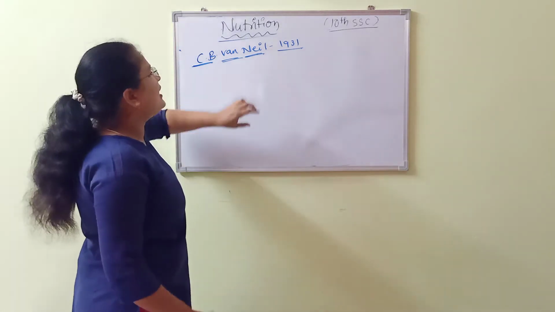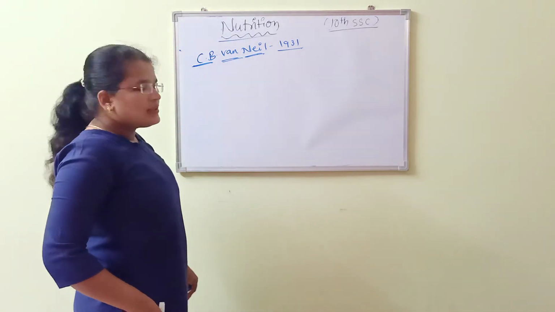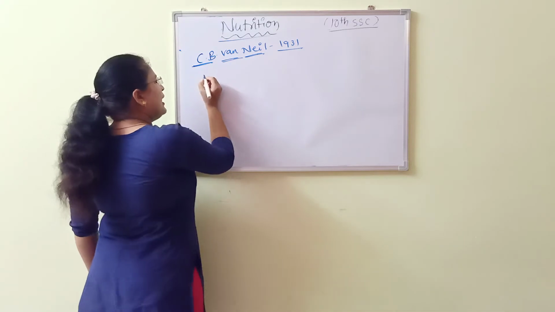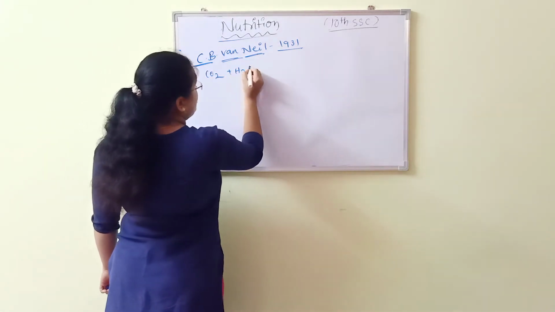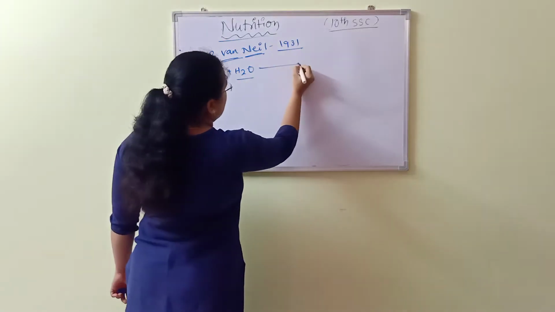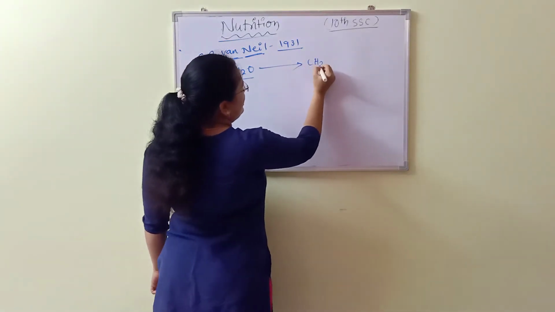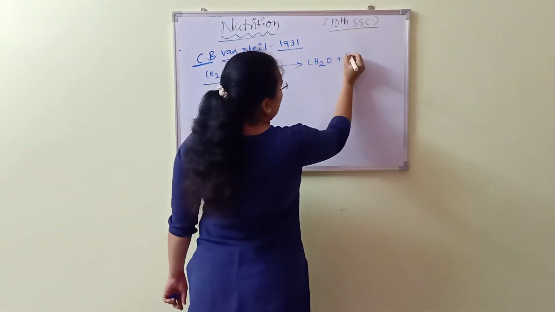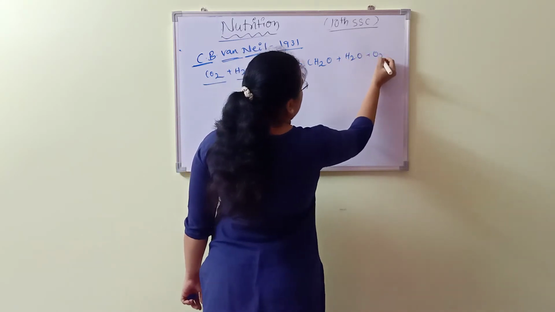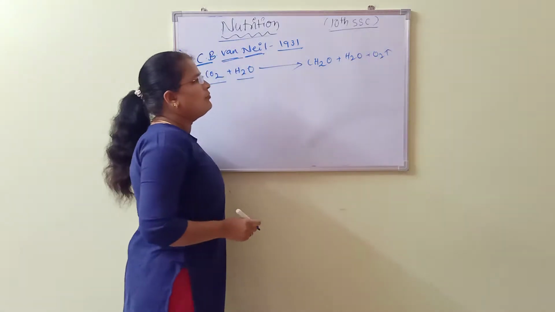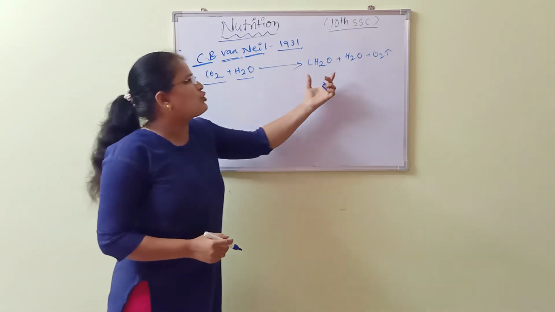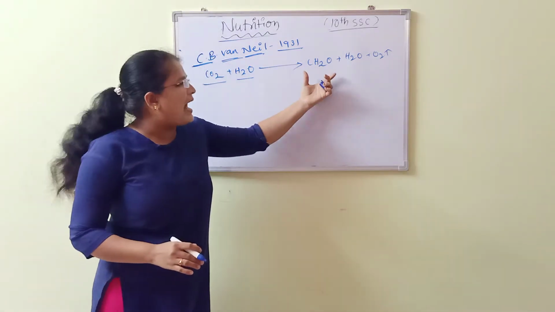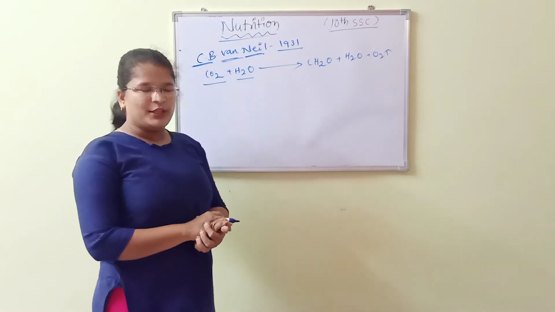See what he did, what he said. See here, plants are using inorganic components to produce the organic components. That we have discussed. Yes or no? Plants are using inorganic components to produce the organic components. That we know.